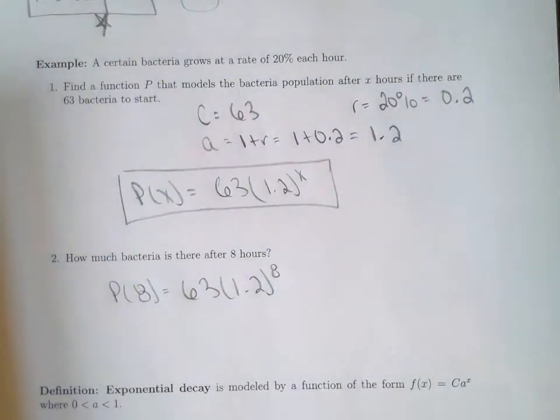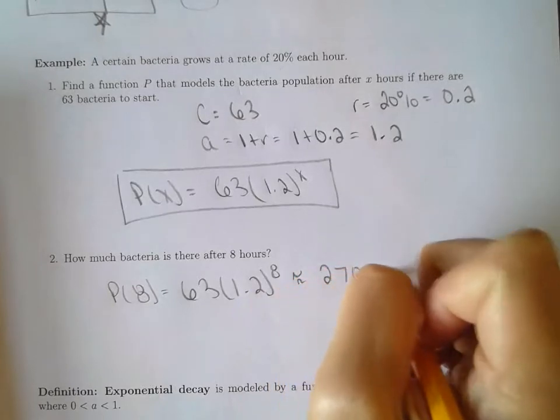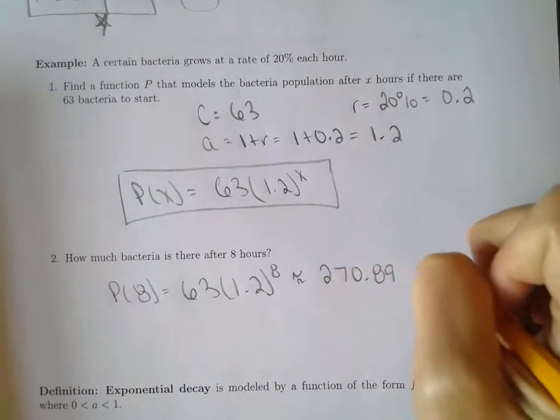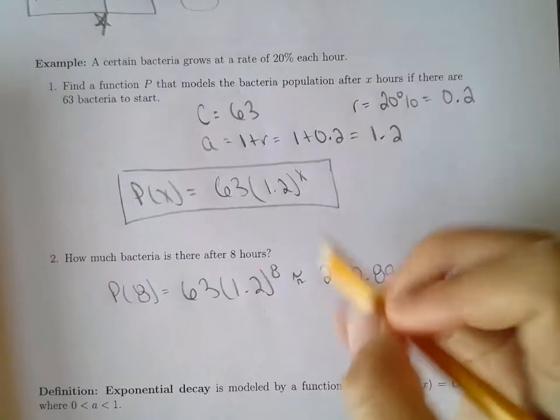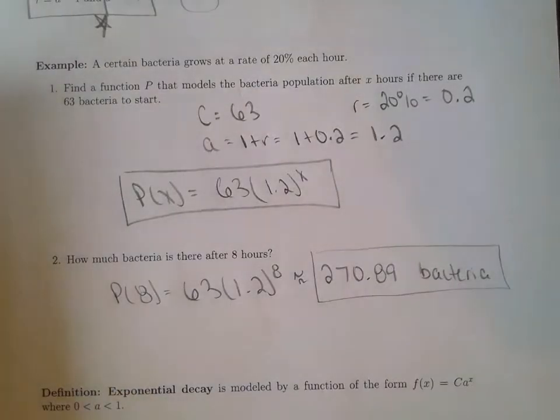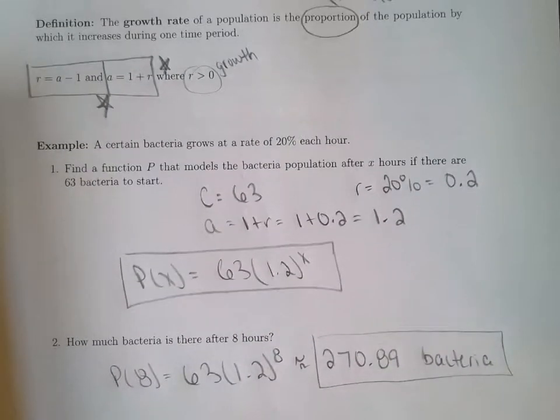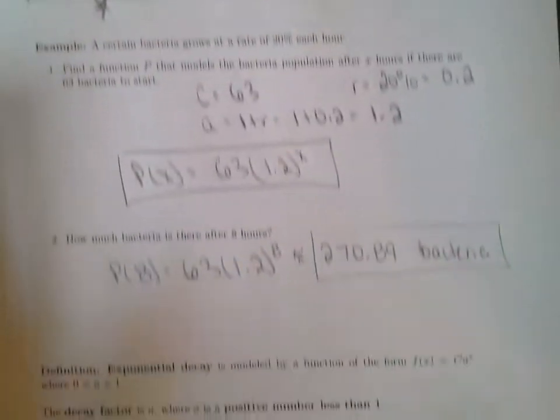So it's about 270.89 bacteria. All right, so make sure you have this a = 1 + r memorized, because you'll probably see one like that on the SAT.